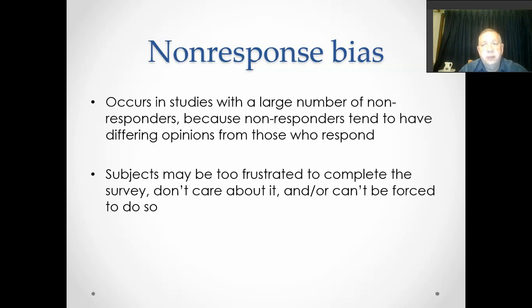So sometimes it's because the surveys get too long. Subjects may be too frustrated to complete the survey. They don't care about it, and can't be forced to do so. They get in the middle of it, they just give up. So that's non-response bias. It's not recording those responses that we would have liked to have had.